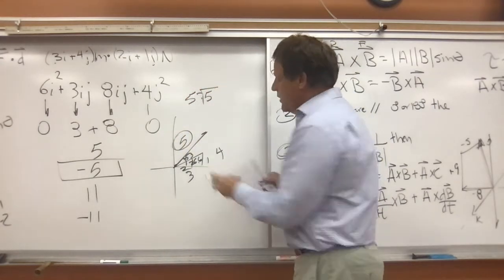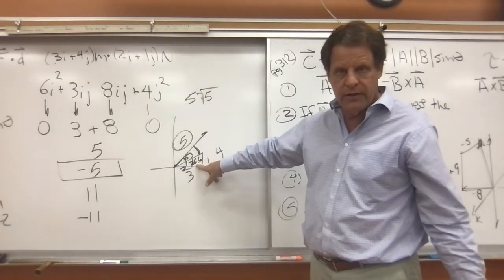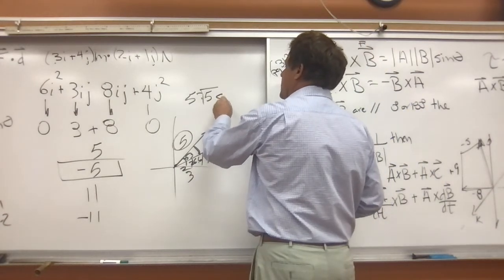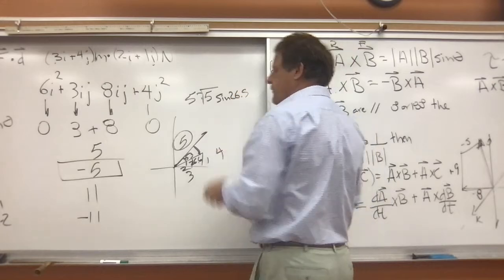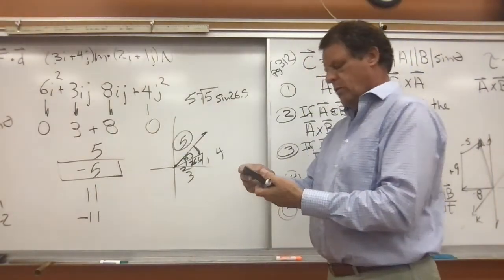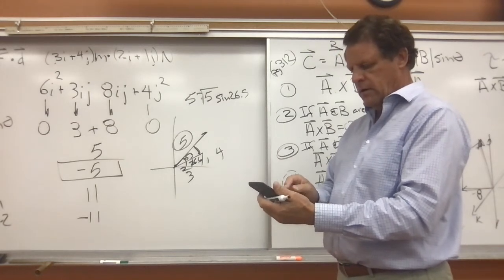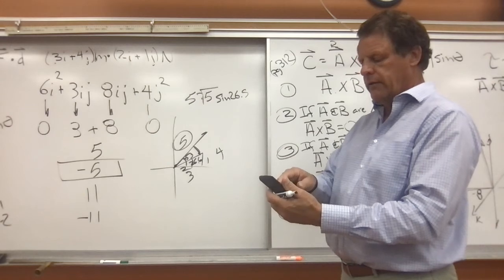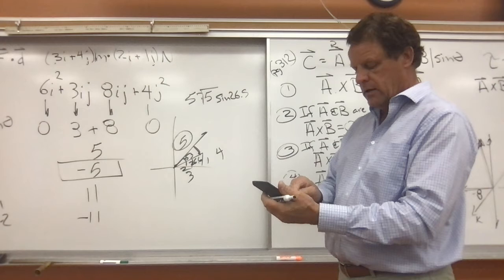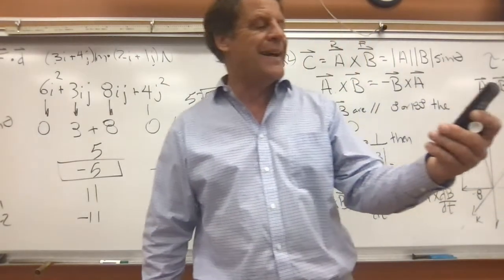And now the angle between these two, 53 minus 26.5, is essentially 26.5. And if we take the sine of 26.5, we're going to say 11.2, and we're going to multiply that by it, and we're going to get 4.9886, right?